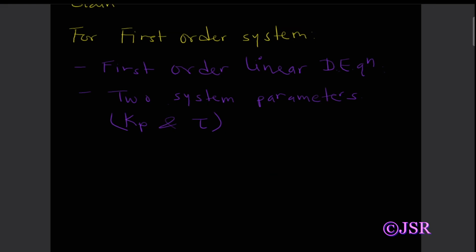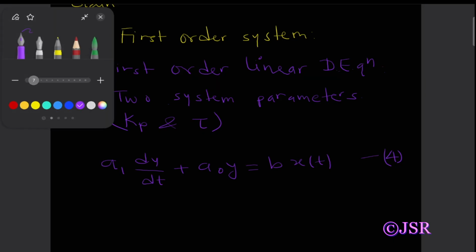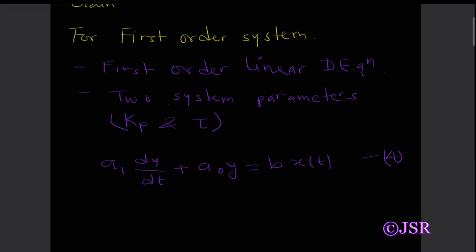So let's assume for a first order system we have a1 dy by dt plus a naught y equal to b x of t. So this is equation number 4, which represents a first order system. Before finding the system parameters, first we have to make the coefficient of y as 1.